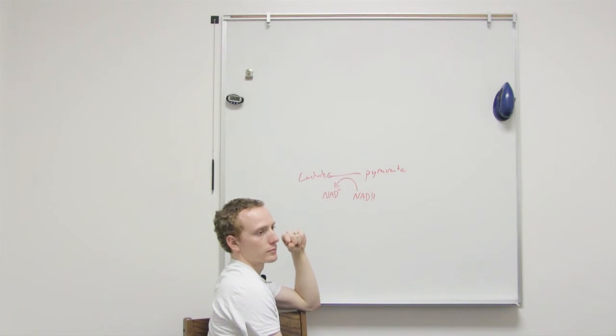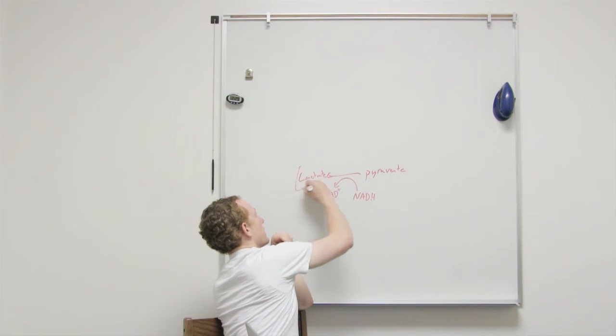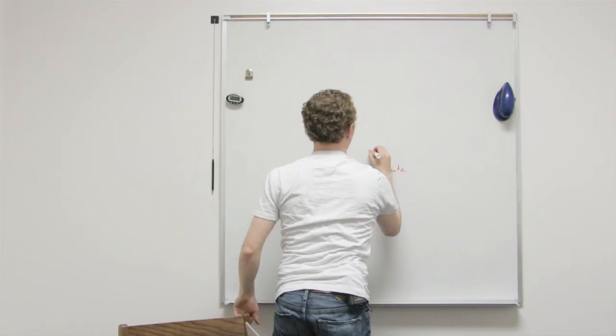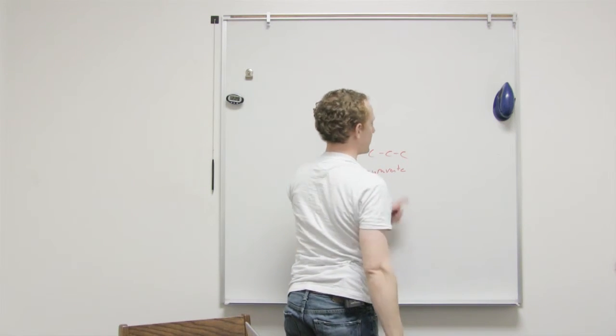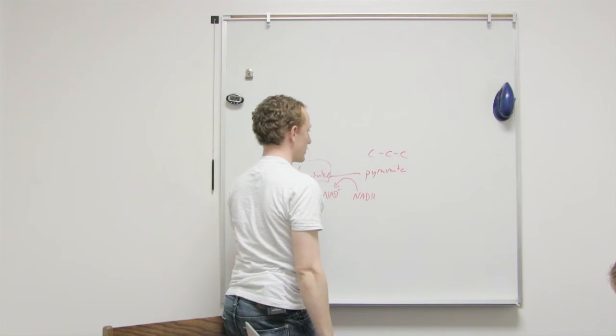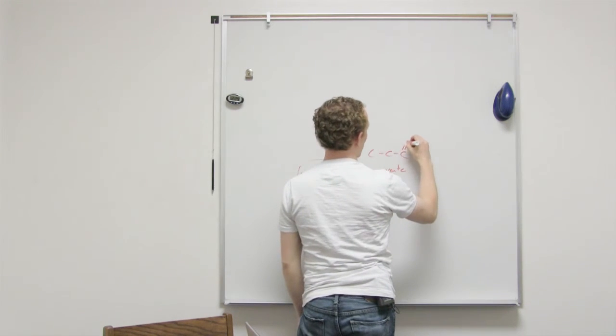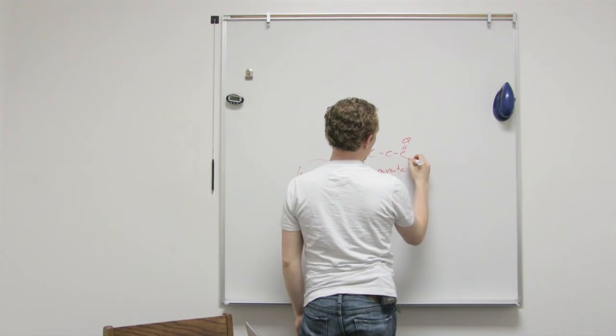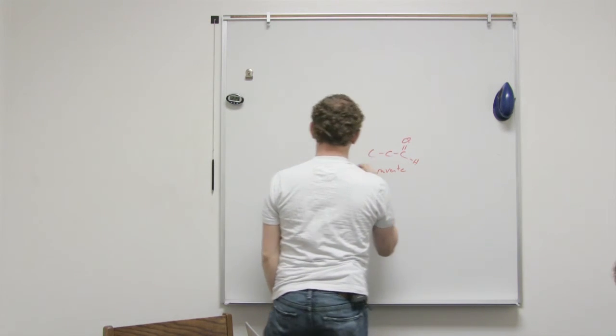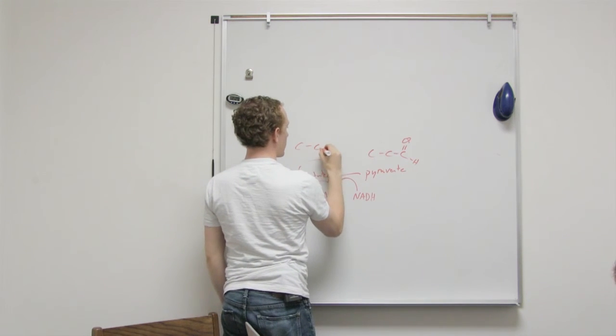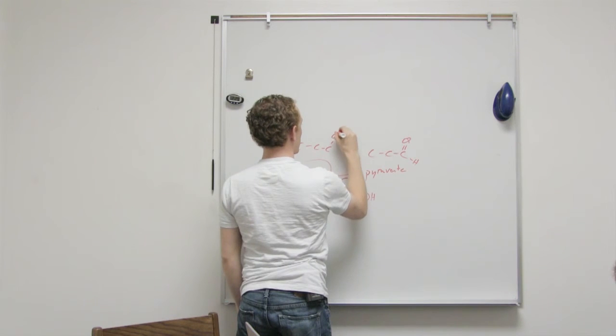So NAD is the lactate part? This is lactate. So pyruvate has 3 carbons, and I think it has a double bond to the oxygen, and then it takes the hydrogen back, which turns it into an OH.